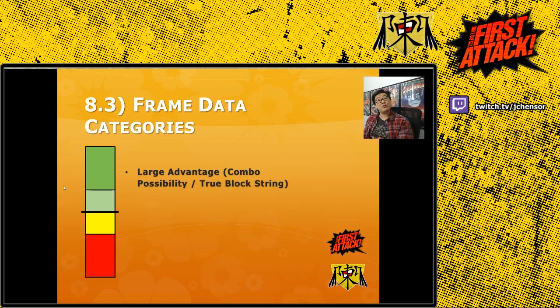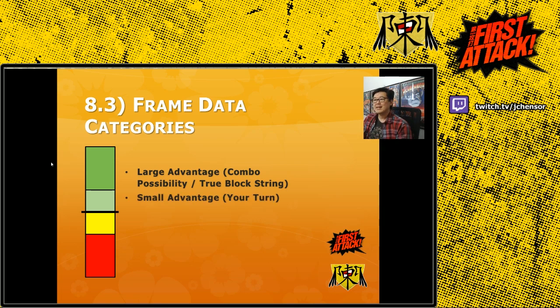I talked about that in the last episode: when two moves actually overlap one character's block stun, it becomes a true block string. If they overlap the hit stun, then that's a combo. So with a large advantage you get the possibility for combos and true block strings.